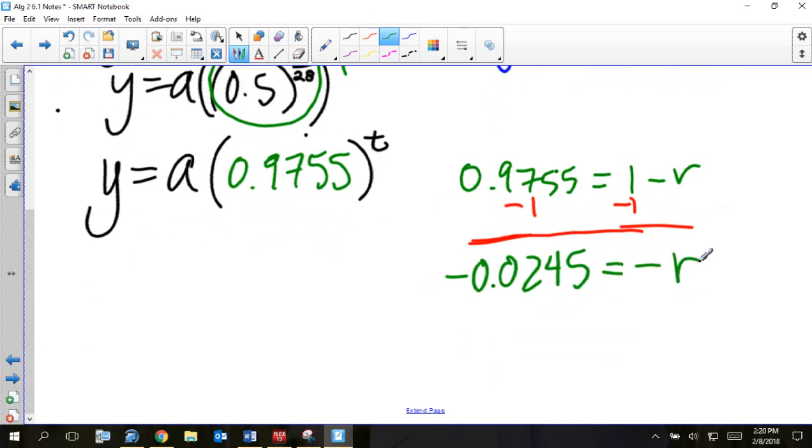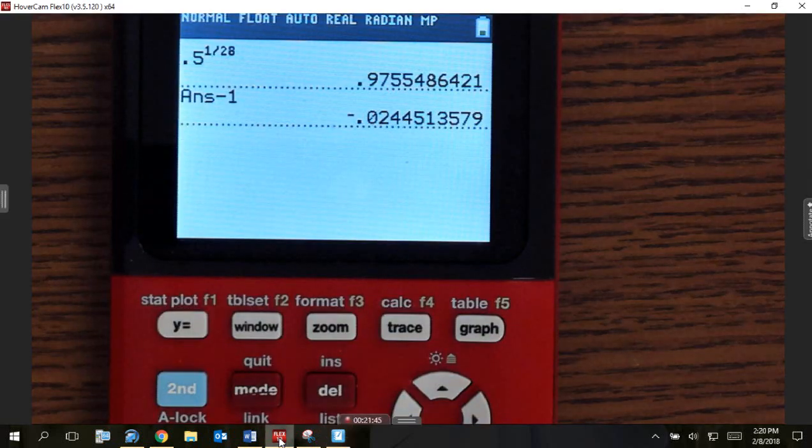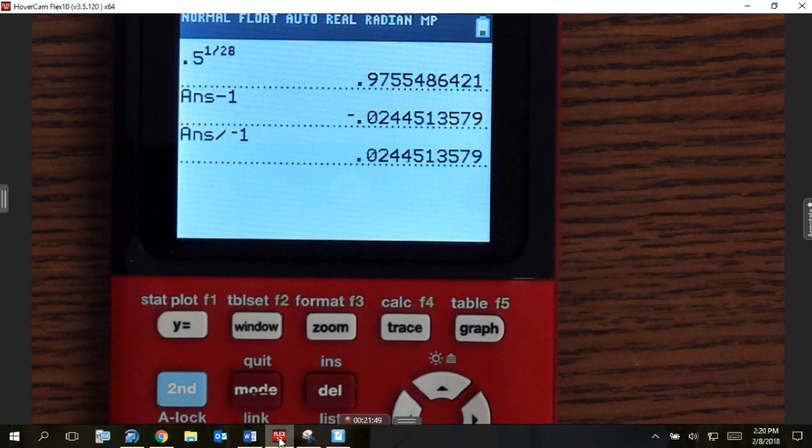That equals negative r. So how do I get positive r? Divide by negative 1. On my calculator, just hit divided by negative 1. It'll take that last answer and change it for you.